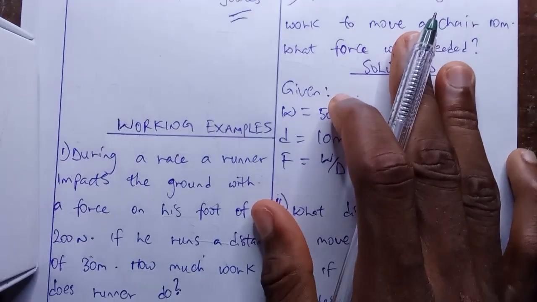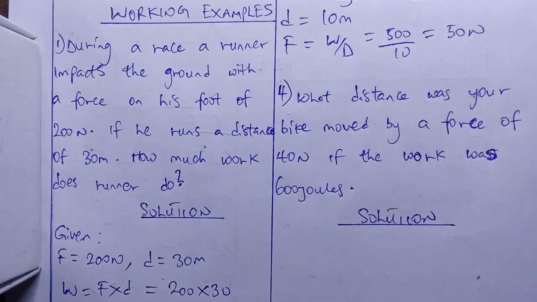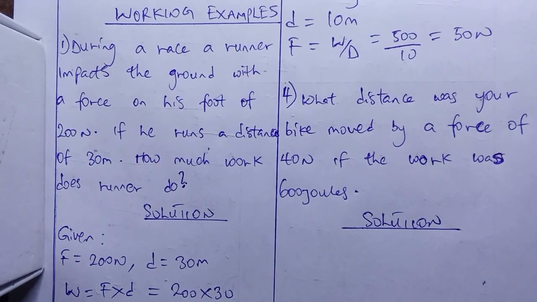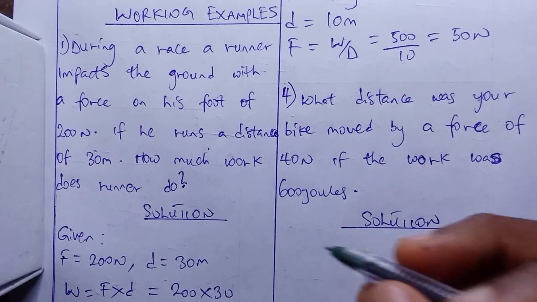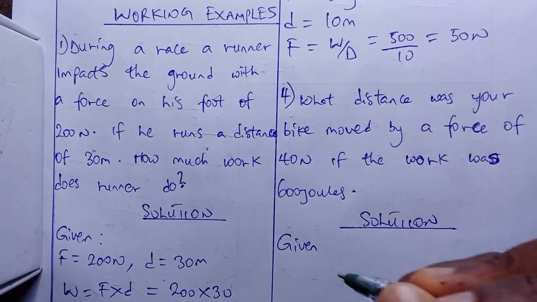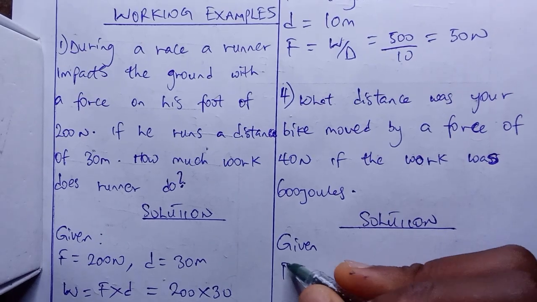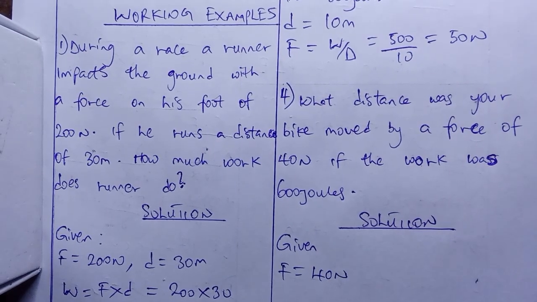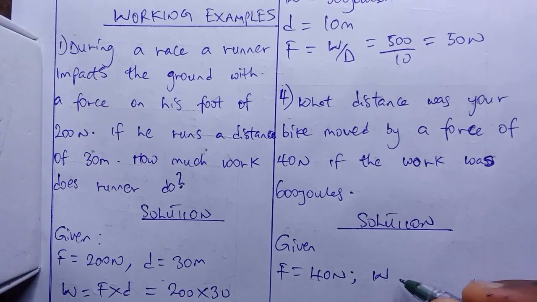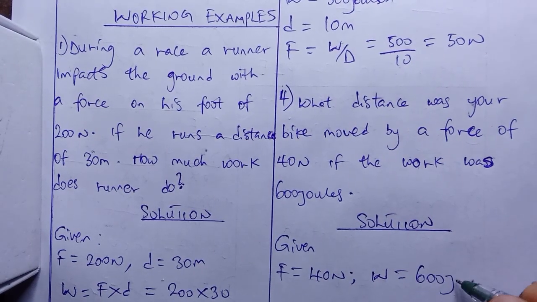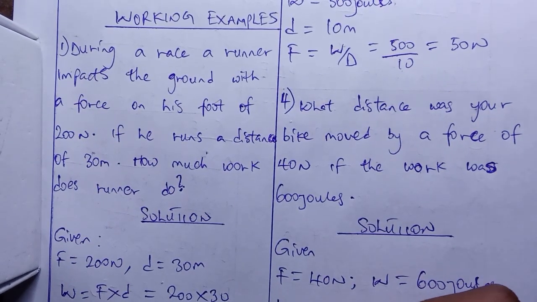And the last but not the least example: what distance was your bike moved by a force of 40 Newton if the work was 600 joules? Also given, the force F equals 40 Newton, and work equals 600 joules. So our distance D equals what?